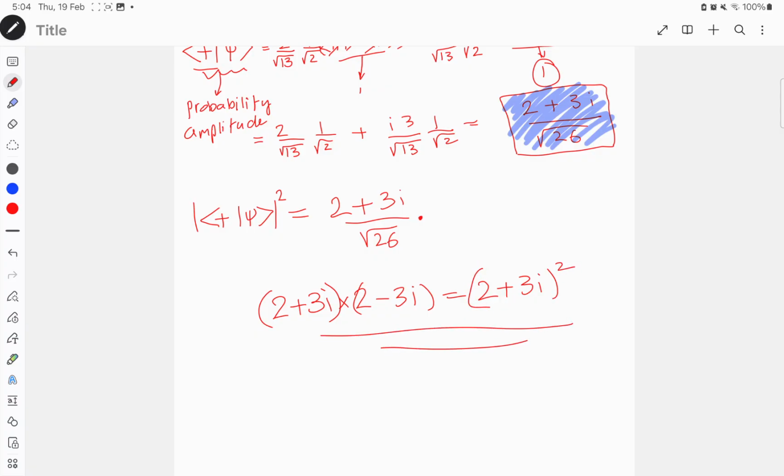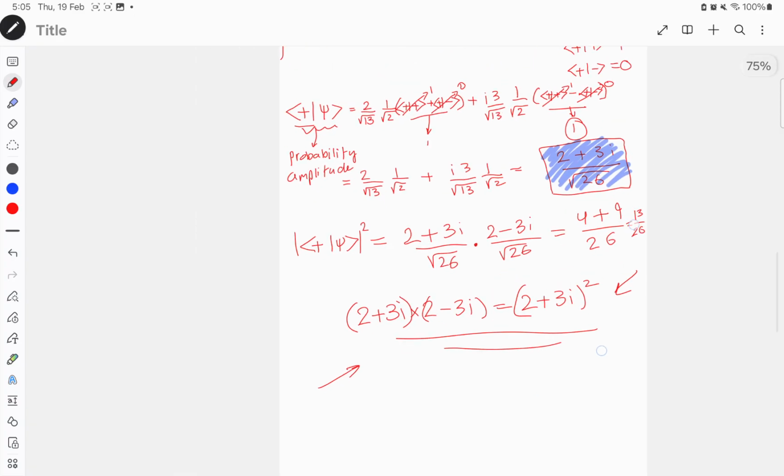Okay, that we should know for now. So when we do squaring, we multiply by 2 minus 3i over root 26. That will give us 4 plus 9 over 26, because 3 multiplied by 3 is 9, and i multiplied by i is minus, and we have here minus, minus goes with minus. So this is what we get, 13 over 26.